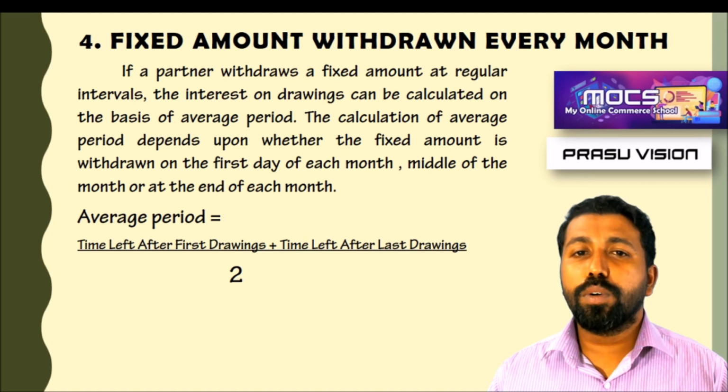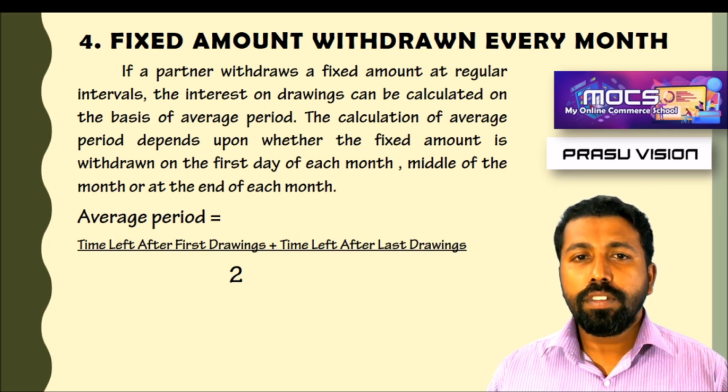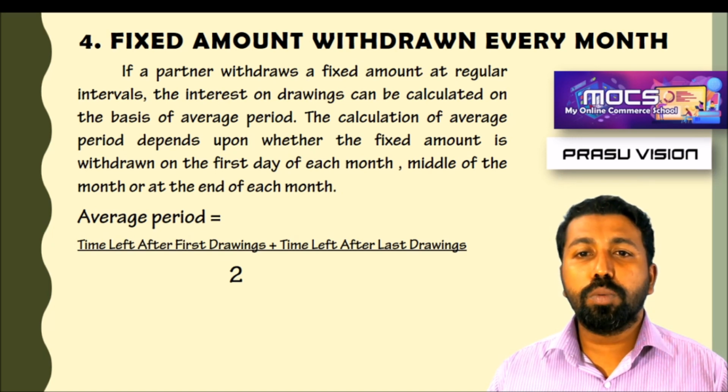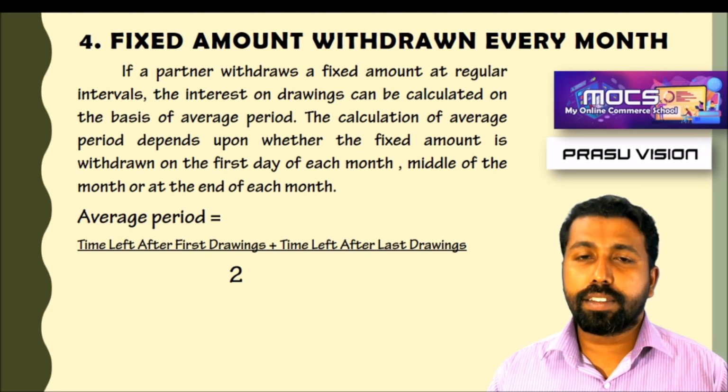You know, accounting is full of assumptions, but here we are using the concept of average period to find out the exact amount of interest on drawings. So in every case we have to multiply by the average period depending upon the particular case.